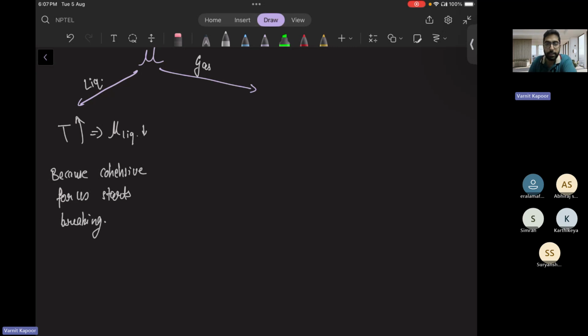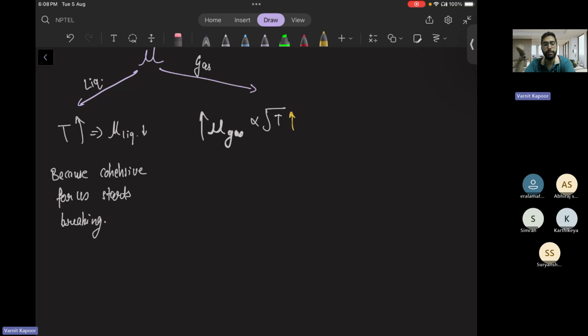Whereas in gas, with increase in temperature, the viscosity of gas increases. We have seen this through the kinetic theory of gas expressions as well. The viscosity of the gas is directly proportional to the square root of temperature. So when the temperature increases, gas viscosity increases.